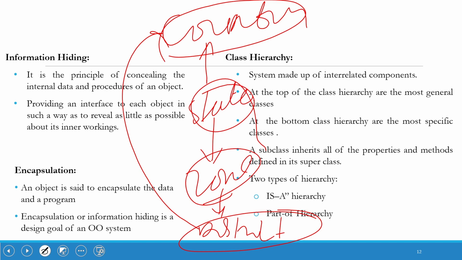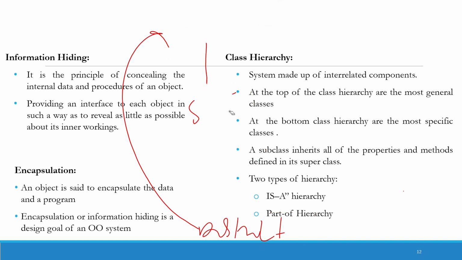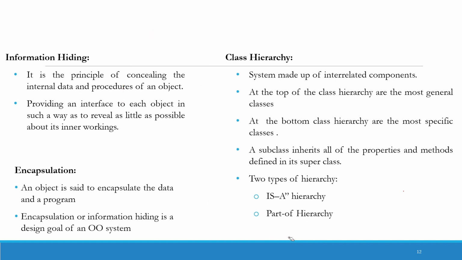So in object orientation, we have two types of concept hierarchy. The first one is the "is a" type of hierarchy. For example, banana is a kind of fruit. So fruit is a generic class and banana is the more specific class.